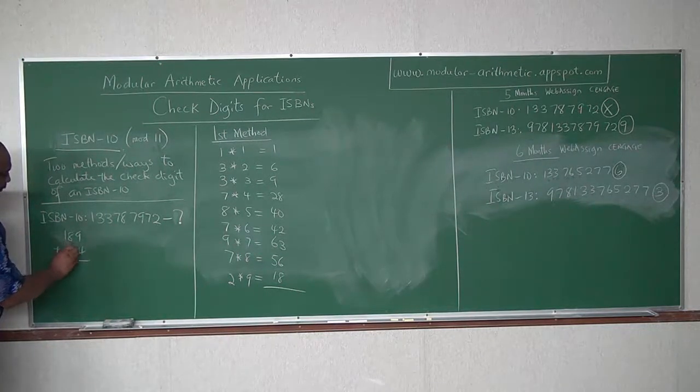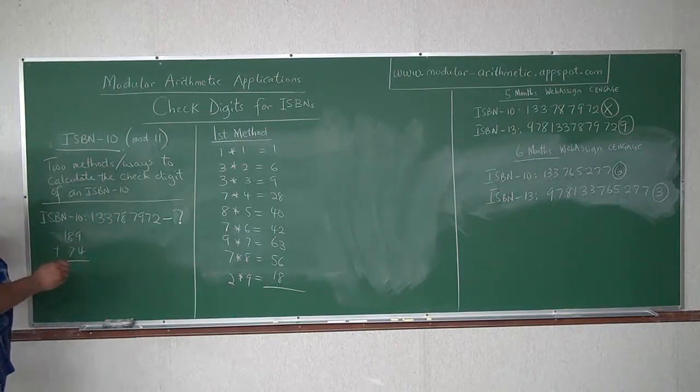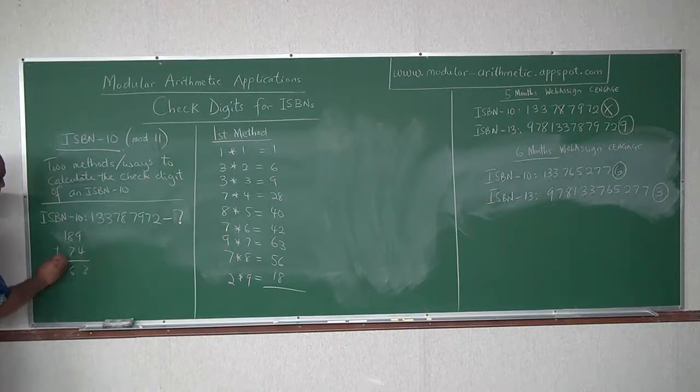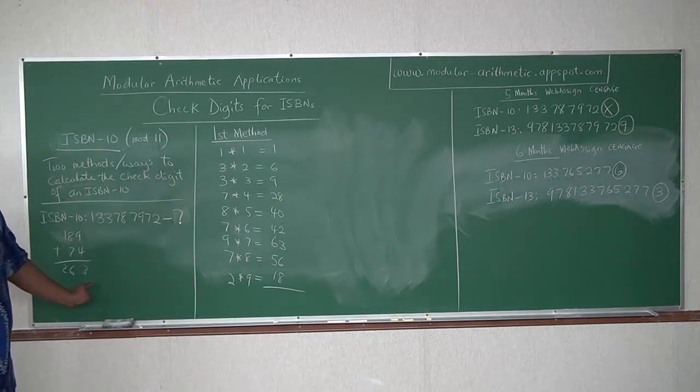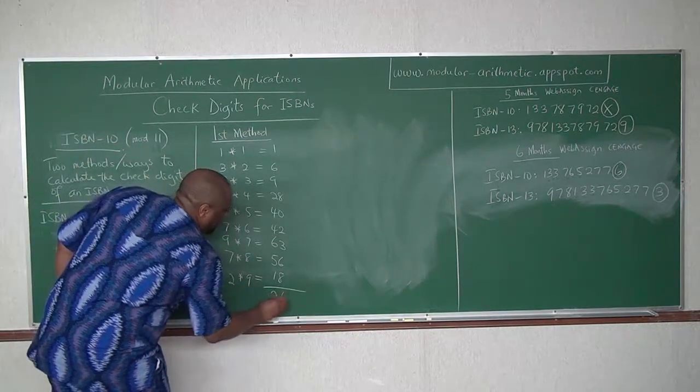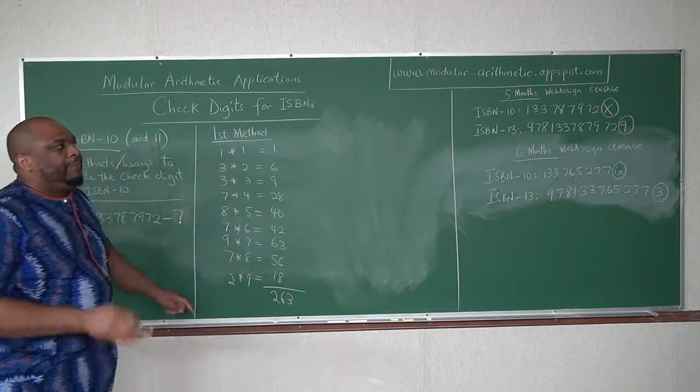Okay, 74. So 9 plus 4 is 13. 1 plus 8, 9 plus 7, 16. And 263. This is 263. Okay, please verify this, because if I don't get it right, I have to do it again. But I think it's right.